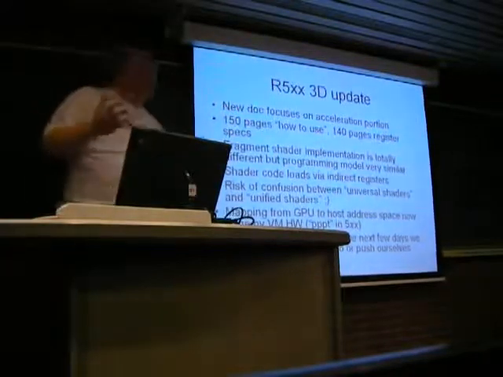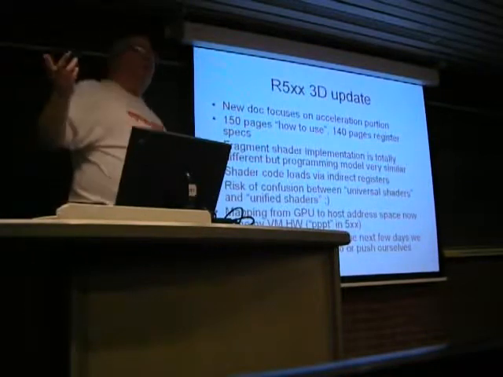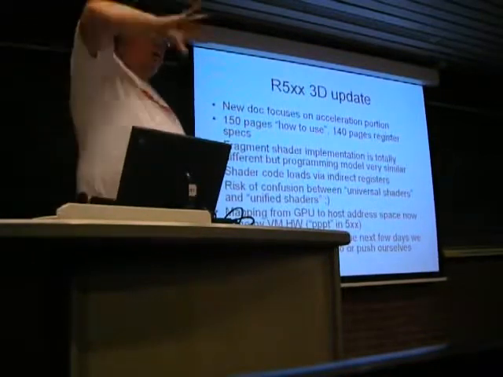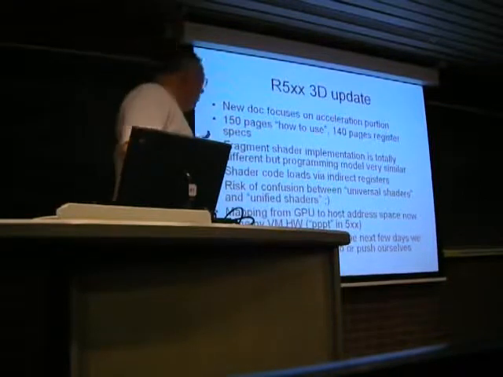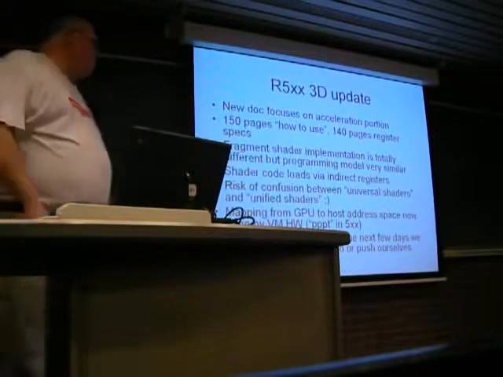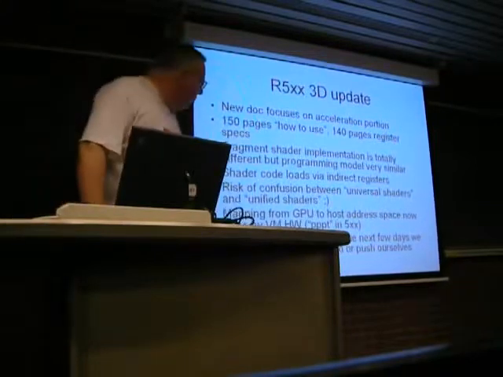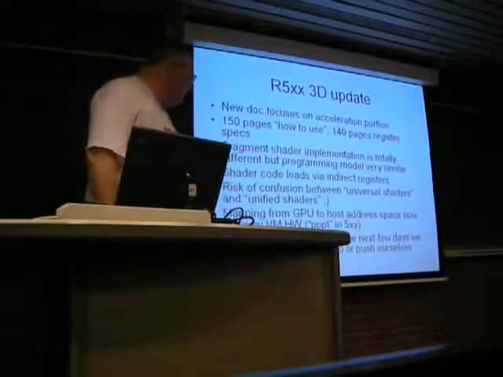From a performance standpoint, the things that make it go fast are all new on the 5XX. The primary thing is the sequencer and the amount of threading it can handle. The programming model is almost exactly the same. The main change is the shader, the actual shader opcodes for the fragment shader, which are loaded differently.